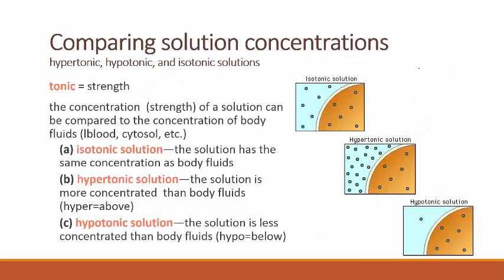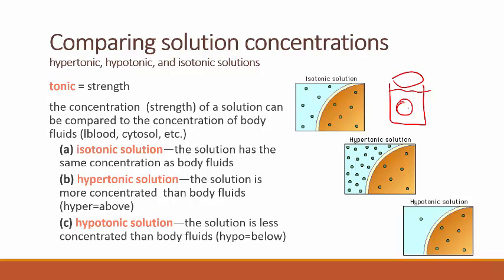When we want to compare the strength of two solutions to each other, we do it by talking about the amount of solute that's found in each solution. What we're seeing here is a cell in a water bath. Here's the cell, here's the water bath around it.